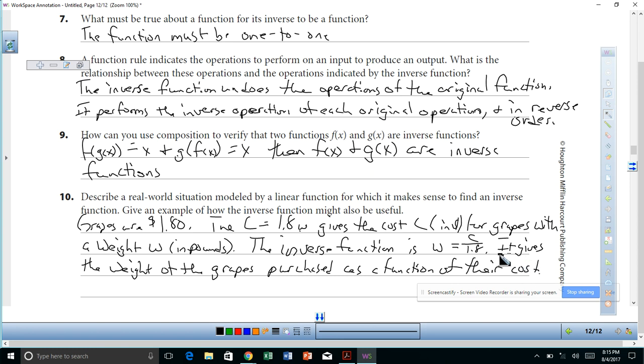You could also use the inverse, for example, to find the weight of the grapes you could buy for $5.